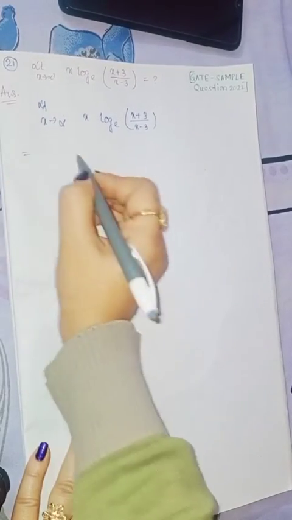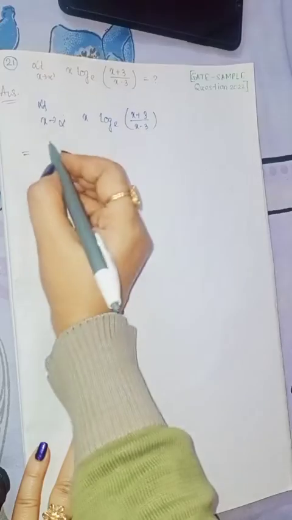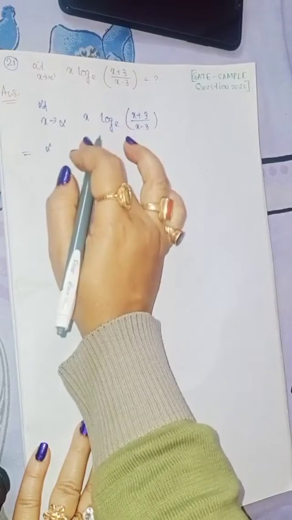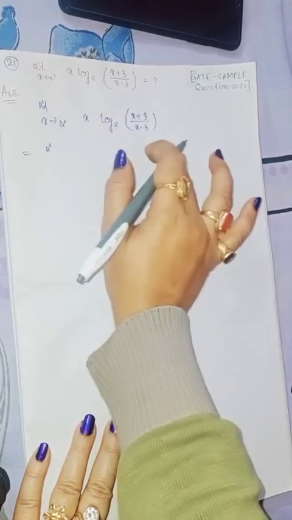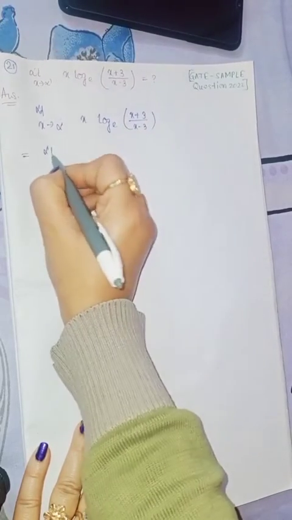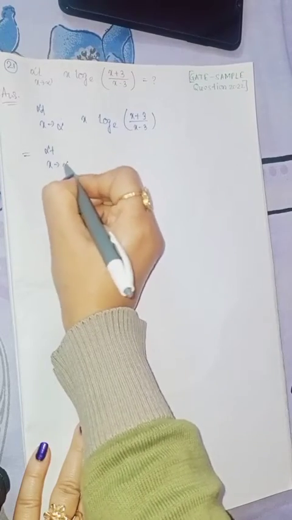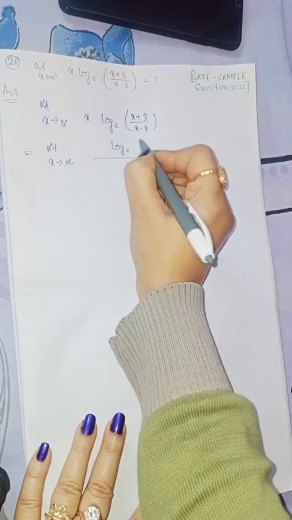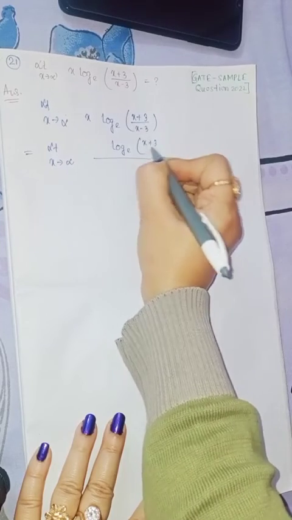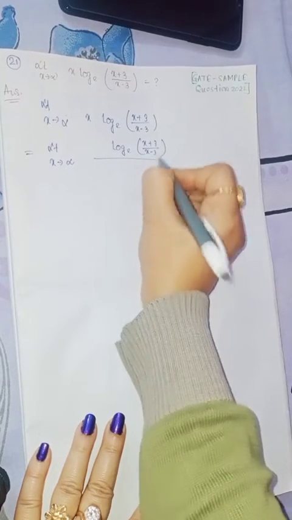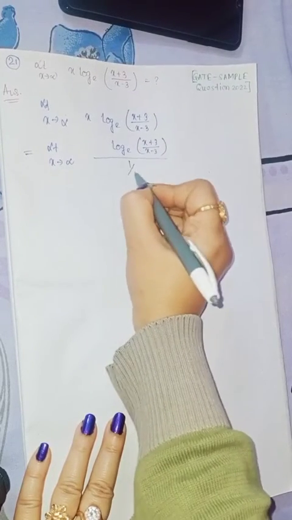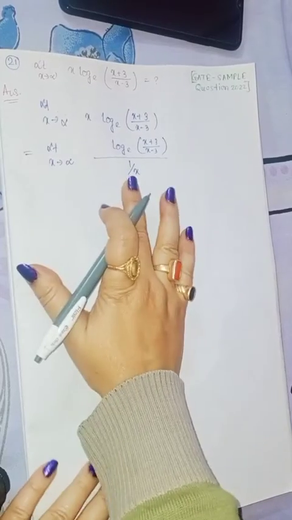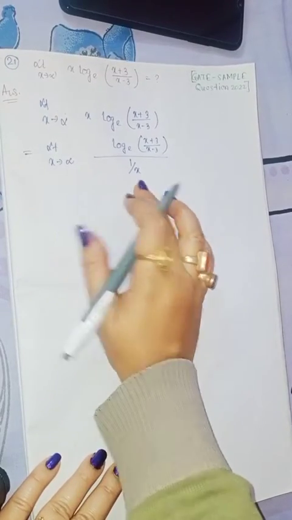Now just take the derivative. At first we simplify the function. Okay, so now log of (x plus 3) by (x minus 3), just simplifying, we place x in the denominator and write 1 by x.